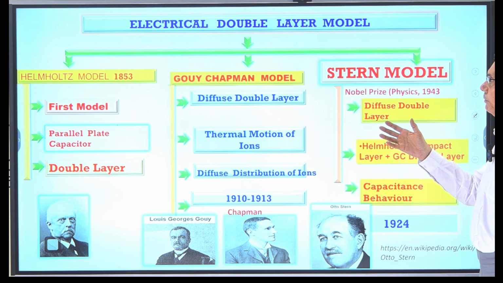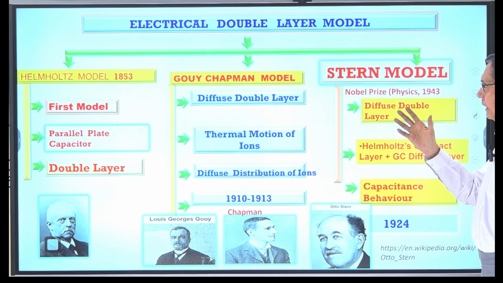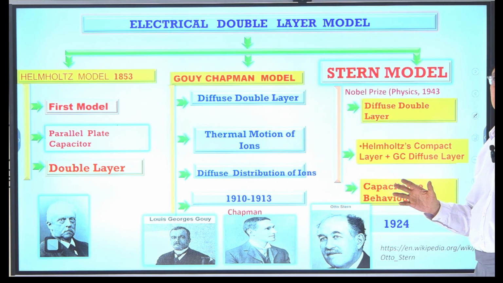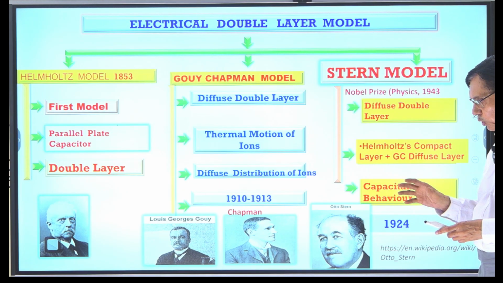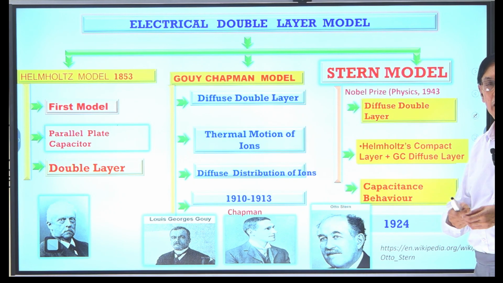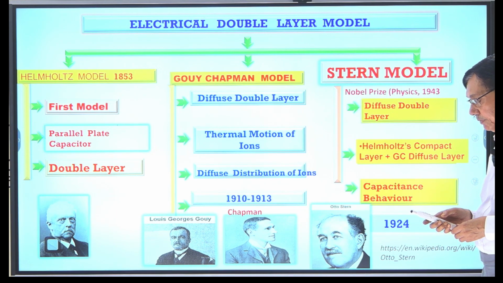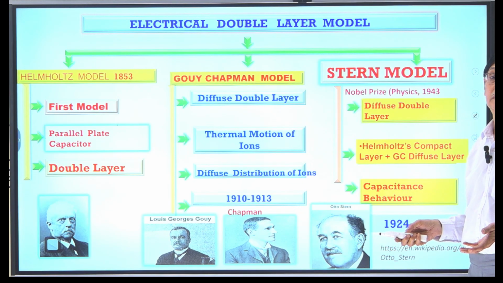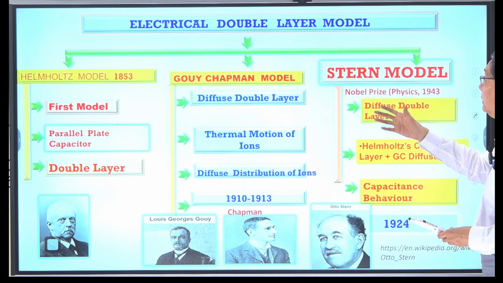So, as I told you that the role of capacitance, the role of migration of the ions can be studied, the distribution of the ions can be studied by different theories.